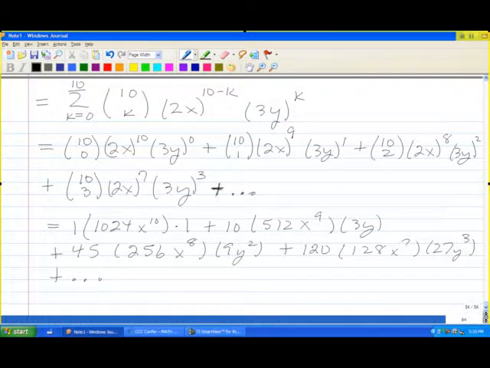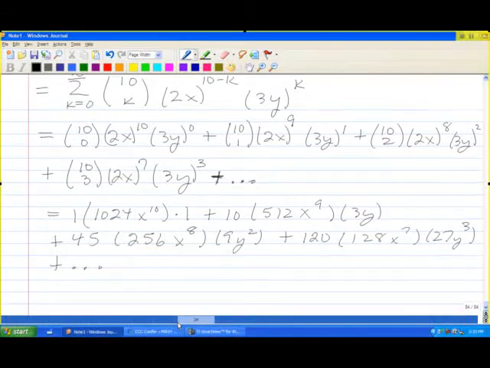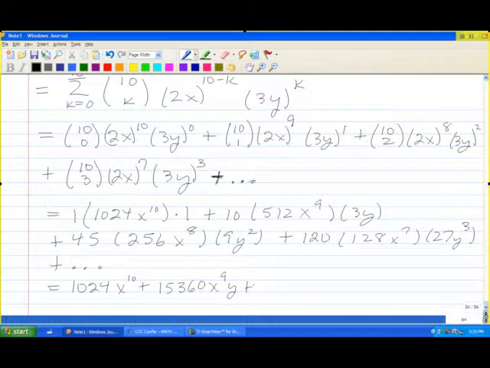And so this is equal to 1024 x to the 10 plus, multiply the 512 times 10 times 3, 15,360 x to the 9y, plus multiply the 45 times the 256 times the 9, 103,680 x to the 8y squared.